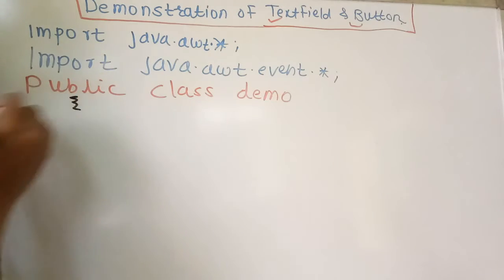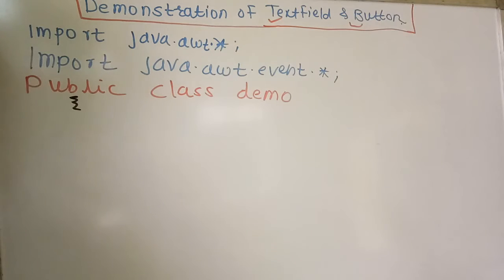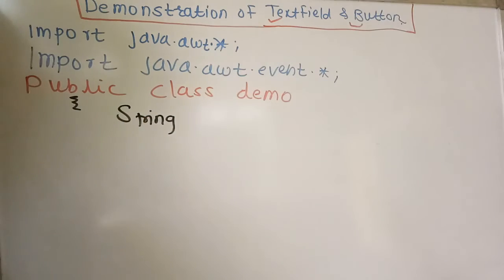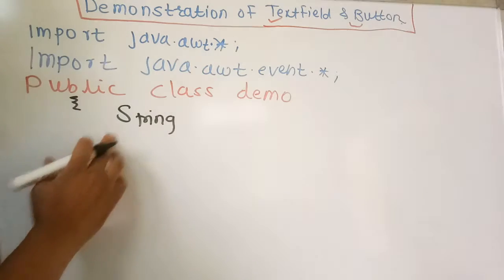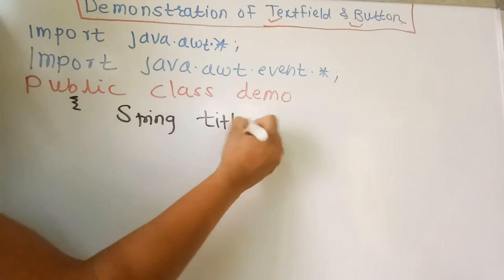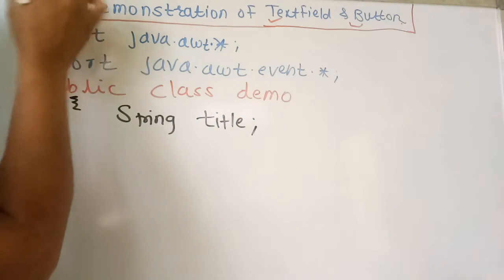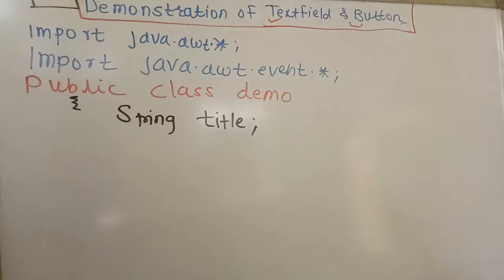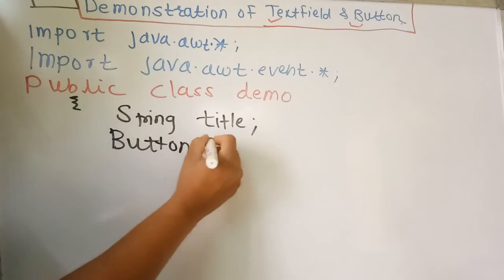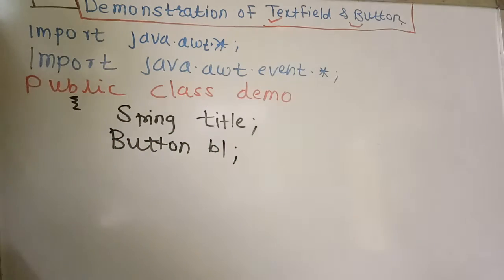First of all, we will take one String known as title. Keep in mind that every class name has a capital letter in Java programs. So we will declare it to give the title to the screen. Now we will take one button and one text field, that is Button type B1, then TextField type T1.